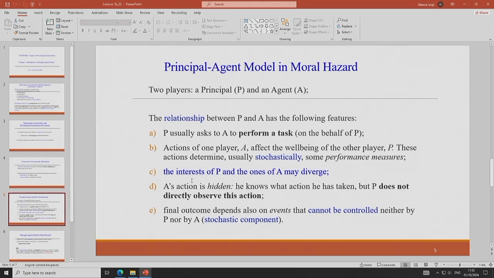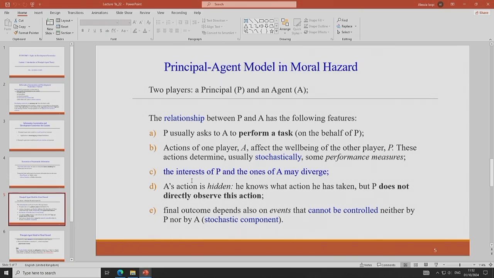The other crucial thing, in order to characterize this as a principal agent relation, is that the interests of P and A must diverge. We will see when we get to the function in a minute how that is easier to understand.